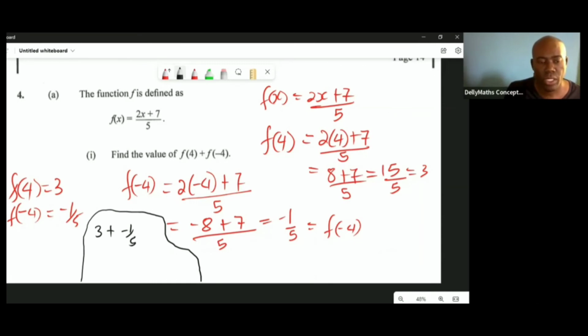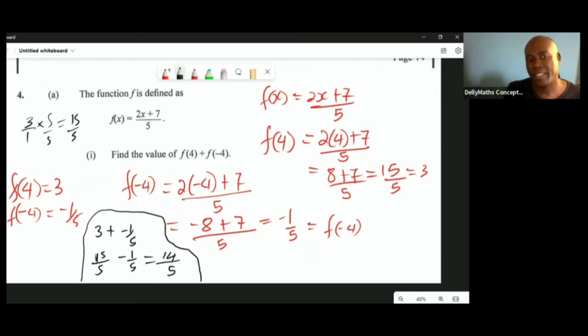Because what we could do is to say if we are adding these, you could say, why not just change the 3 with a denominator of 5? Okay, so it's 3 over 1. So if we could look at it quickly, 3 over 1 times 5 over 5. So that's going to give us 15 over 5. That is the same thing as 3. So if I have 15 over 5, and then we are subtracting 1/5, then I'm going to be left with 14 over 5.